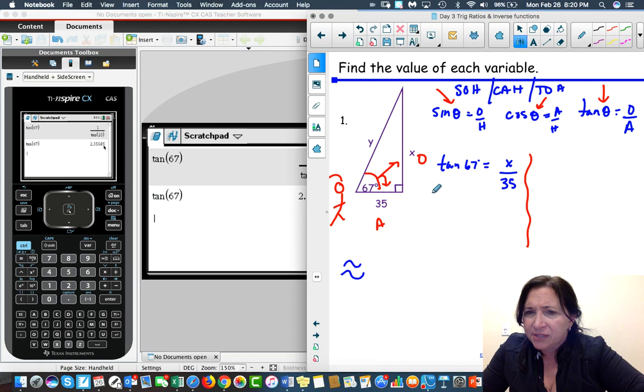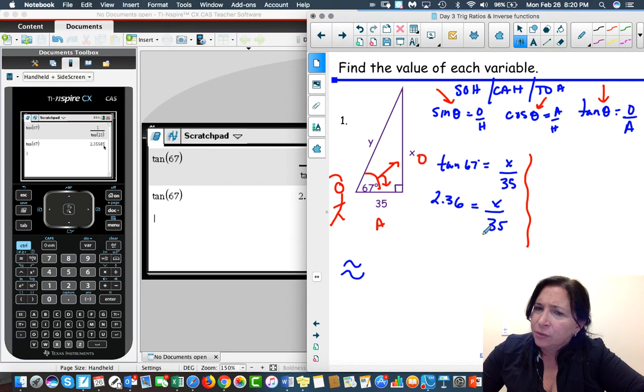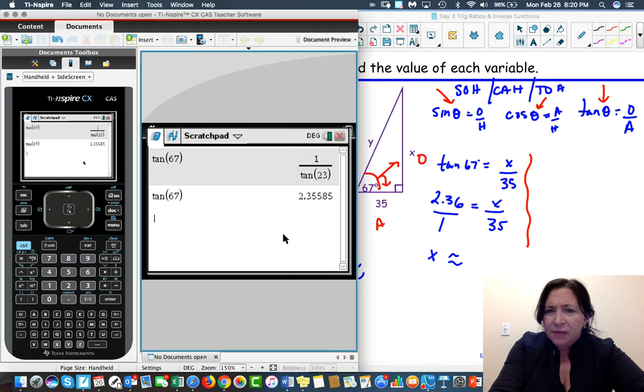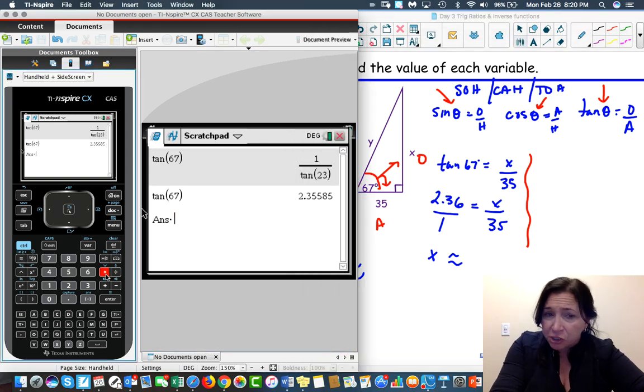So tangent of 67, 2.36, is equal to x over 35. Now all I have to do is cross multiply. So x is approximately 35 times 2.36. I'm going back to my calculator and I'll take that answer and push times, and it will automatically save my answer.